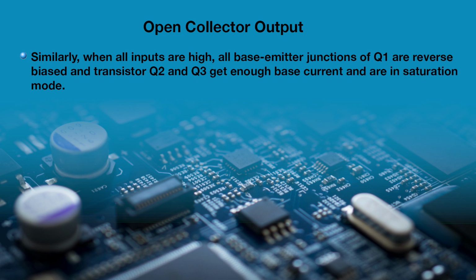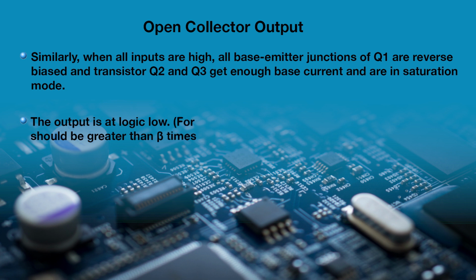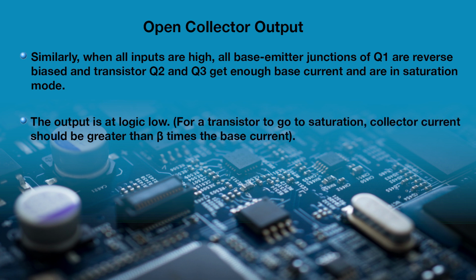Similarly, when all inputs are high, all base-emitter junctions of Q1 are reverse biased and transistors Q2 and Q3 get enough base current and are in saturation mode. The output is at logic low. For a transistor to go into saturation, the collector current should be less than beta times the base current.